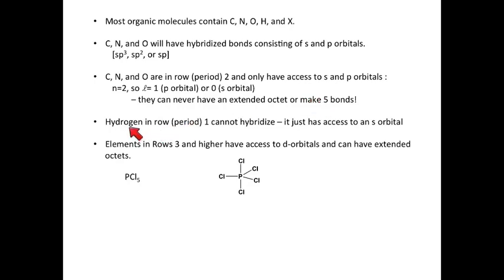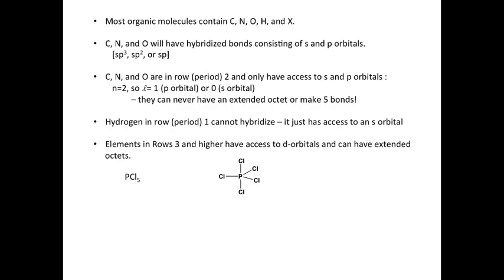If we remember about hydrogen, hydrogen is in row 1, or period 1, and it cannot hybridize. It only has access to s orbitals, where L is equal to 0. So it just has one s orbital. It will never hybridize.